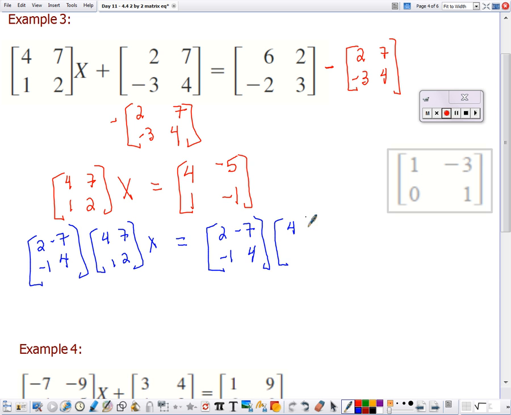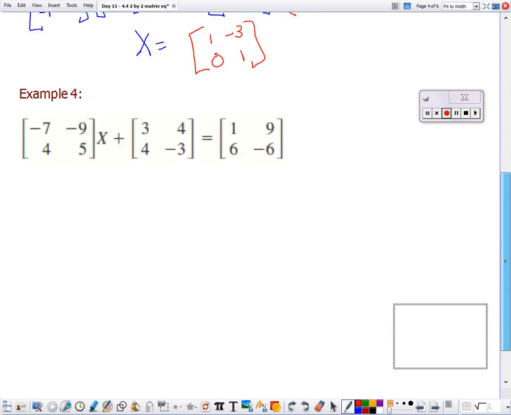I'm going to bring down the other matrix. These cancel to be an identity matrix of 1. And when you multiply row by column, you get 8 minus 7, negative 10 plus 7, negative 4 plus 4, and positive 5 minus 4. And that's our answer.